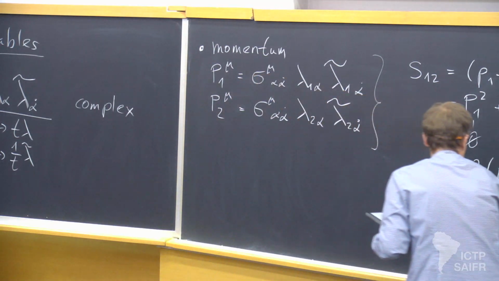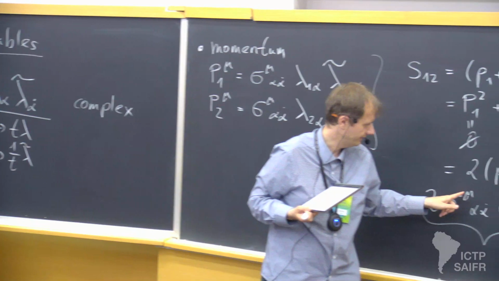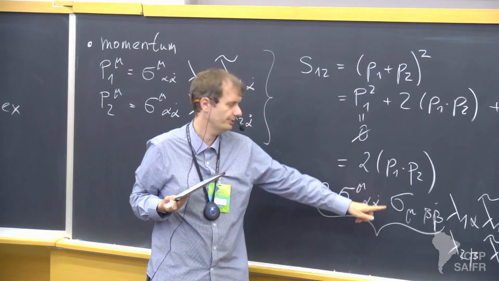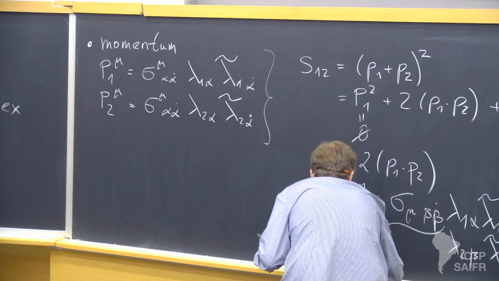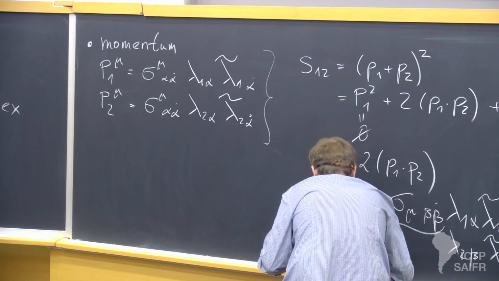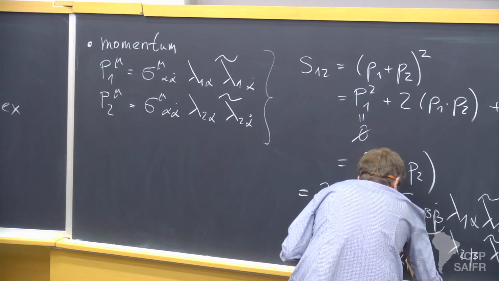Now, there is some summation rule. For that, this is now contracting over mu, summing mu from 0 to 3. And what this turns out to be is epsilon alpha beta, epsilon alpha dot beta dot.